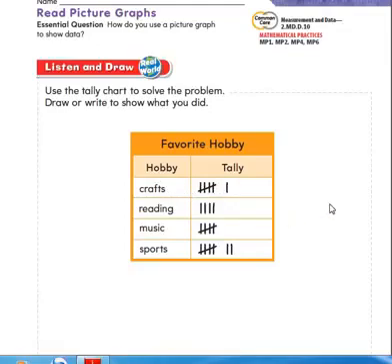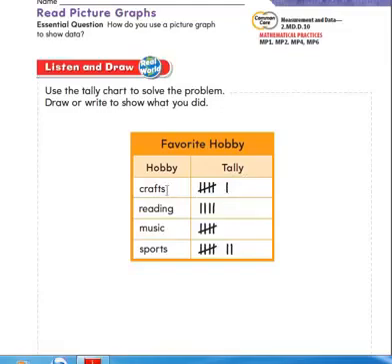In this tally chart, if I asked you how many more children in this class choose sports than choose reading as their favorite hobby, according to these tally marks, I have to know how many children prefer each hobby.